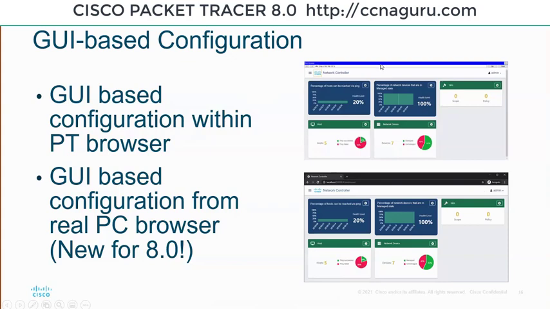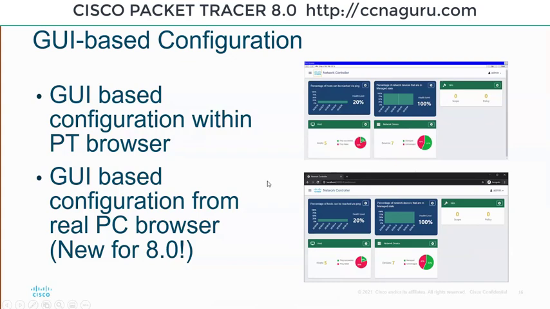This screenshot was taken from the Packet Tracer desktop computer browser, right? So this is a simulated browser which simulates access to the network controller. But this screenshot down below, I took in a real browser on my computer, and it looks exactly the same.